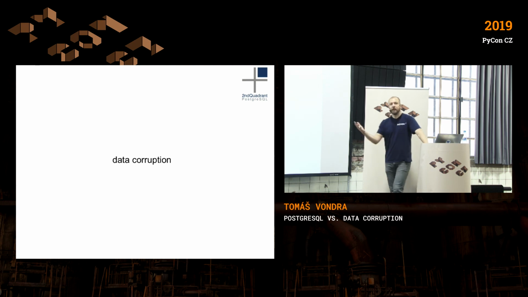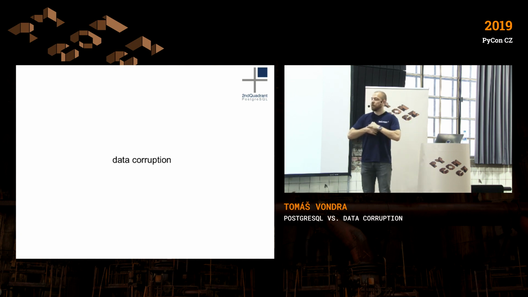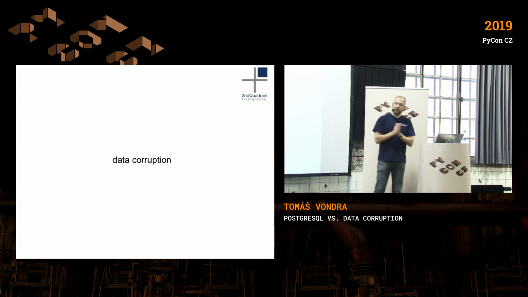So what actually is data corruption? What's the definition? In a very narrow definition, you could say that it's the situation when the storage returns incorrect data, right? But that's a very specific case of data corruption.